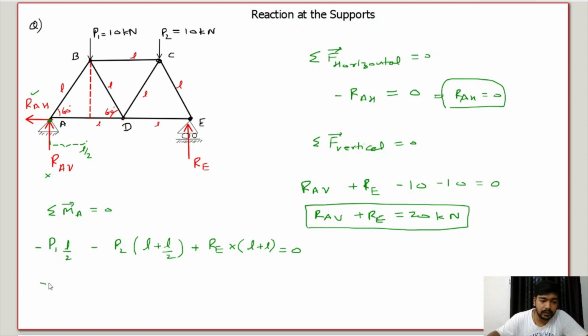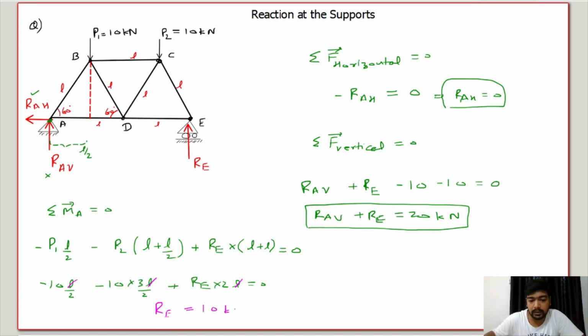Let's put the values of all this. Minus 10 L by 2, minus 10 into 3L by 2 plus RE into 2L. Let's cancel the L. सारे L cancel हो जाएंगे, right? And from here, this will be 5. This will be 15. 15 plus 5 is 20, and it comes out to be RE equals to 20 by 2.